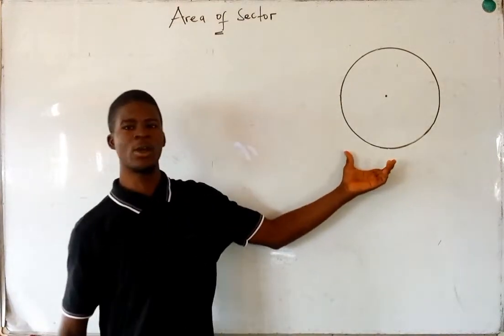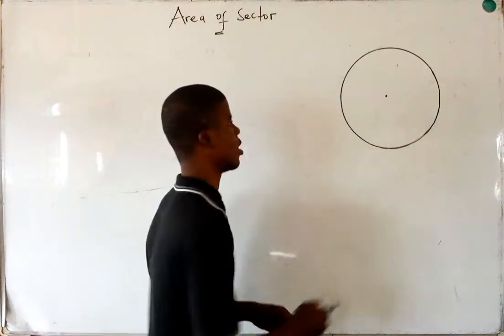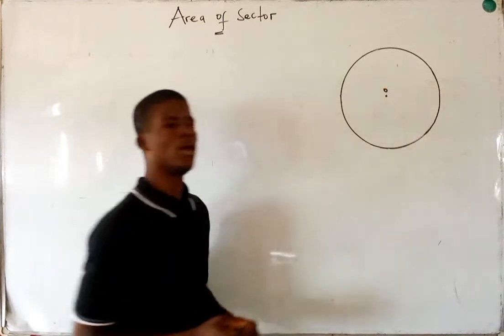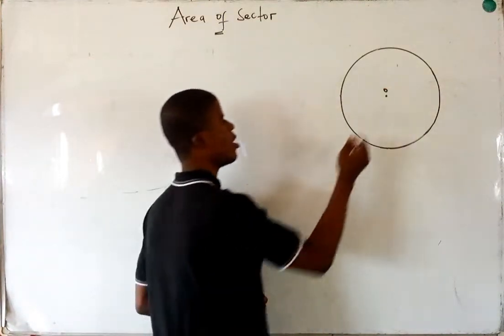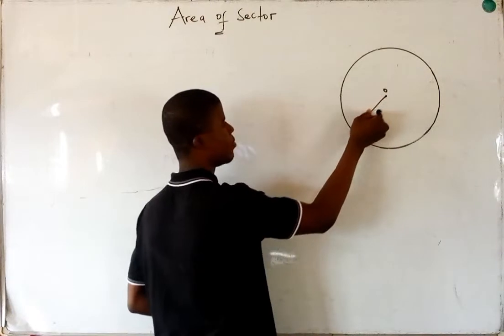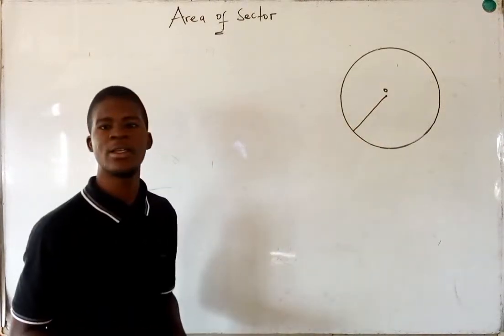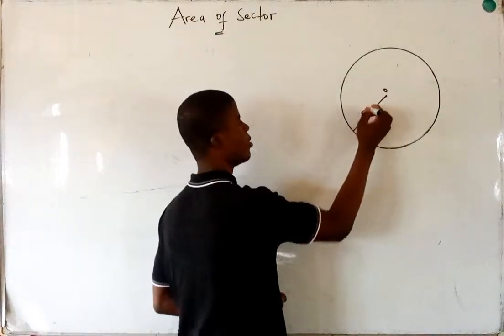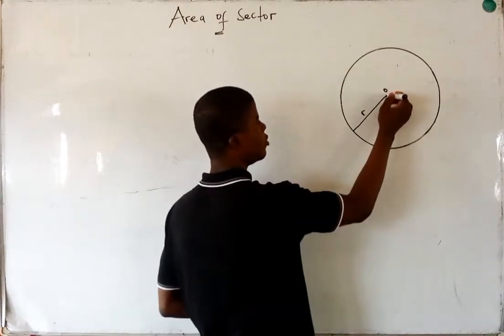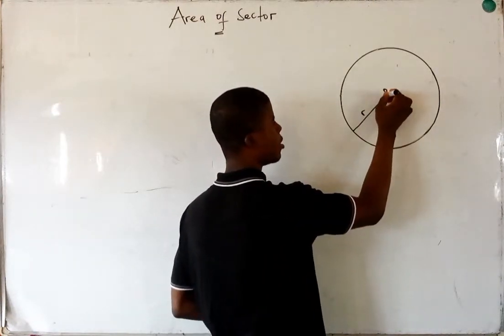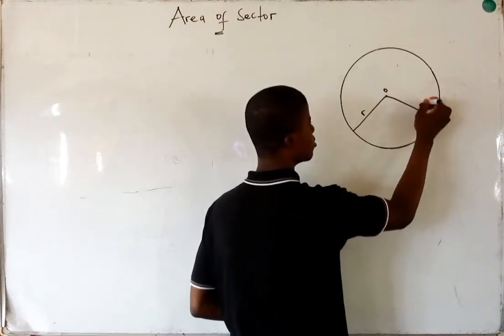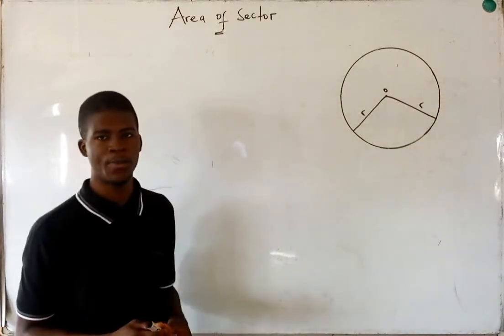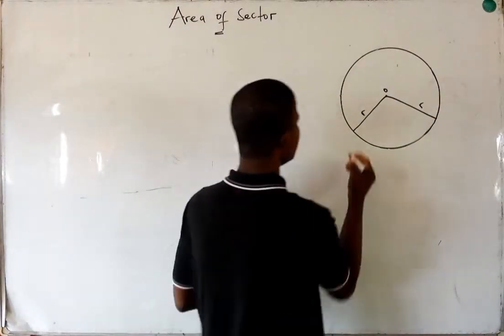Now, this is a circle with center O, for example. If I draw a line from this center to any point on the circumference, that line is called a radius. In the same vein, if I draw another line from this same point to another point on the circumference, it is called a radius.